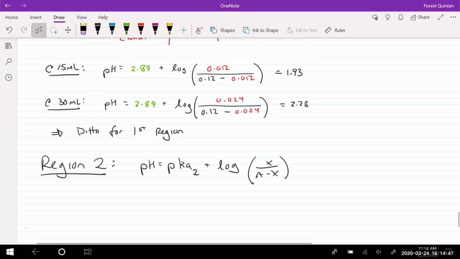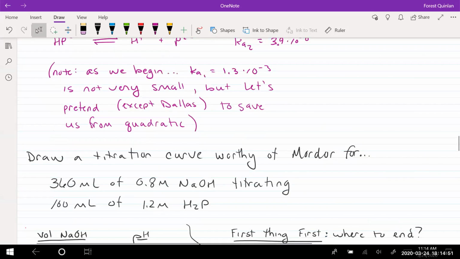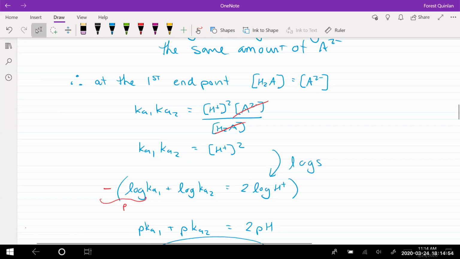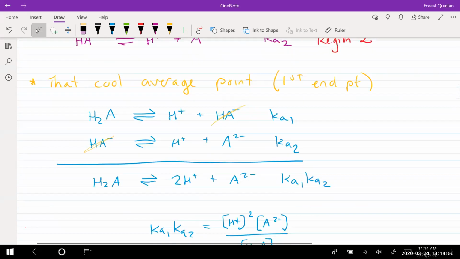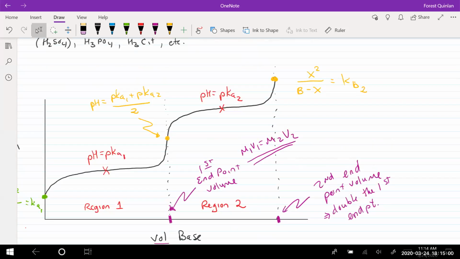Okay, take a look. I'm going to scroll back up here, and go to the very beginning where I had my thing. All right, region 1 and region 2. Region 1's Henderson-Hasselbalch was governed by a pKa1, and region 2 is governed by a pKa2.